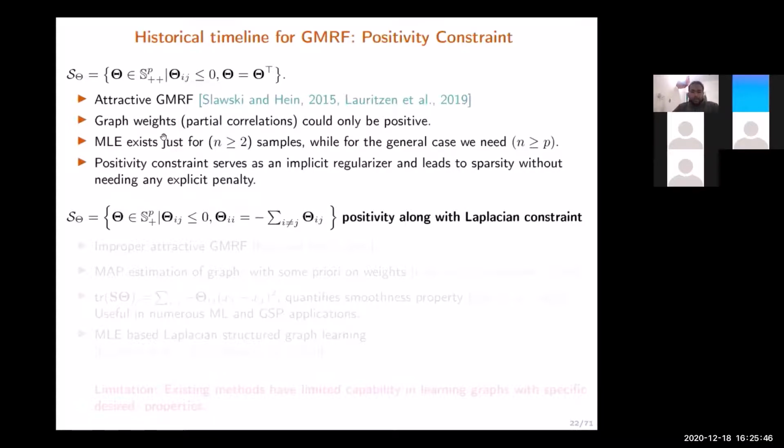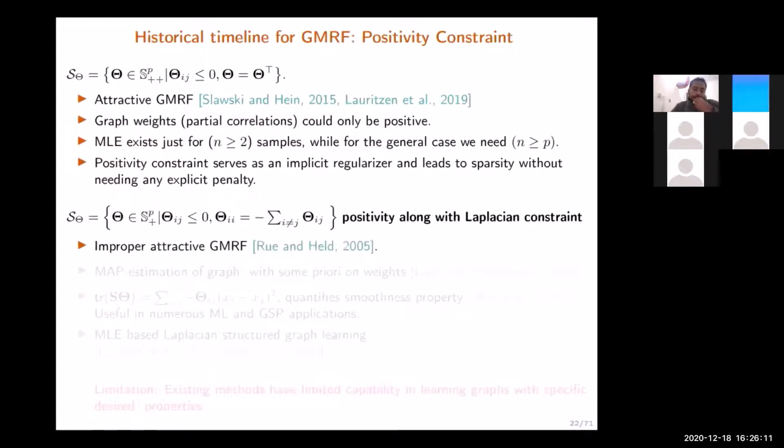If you assume that you have only non-positive precision matrix entries, then you may not need an additional regularizer, that is, an additional sparsity constraint, and that makes solving the optimization problem really convenient. So that is the first abstraction.